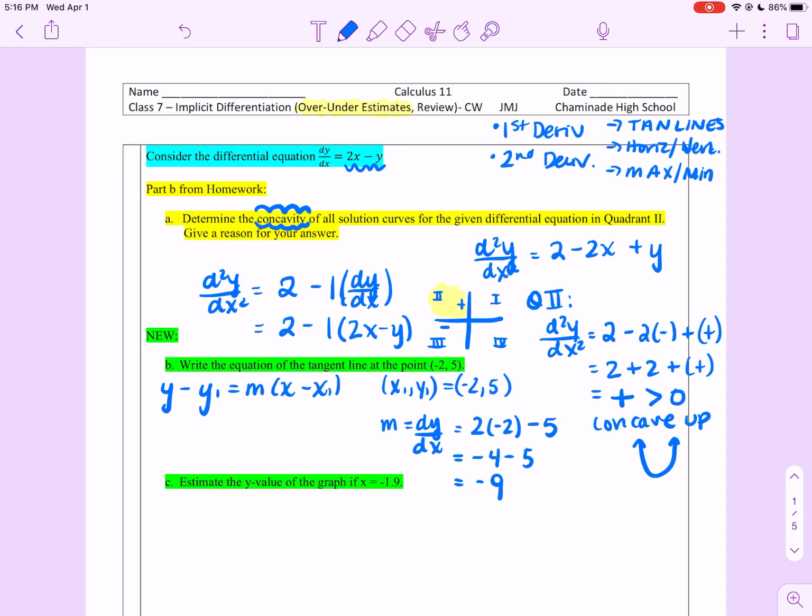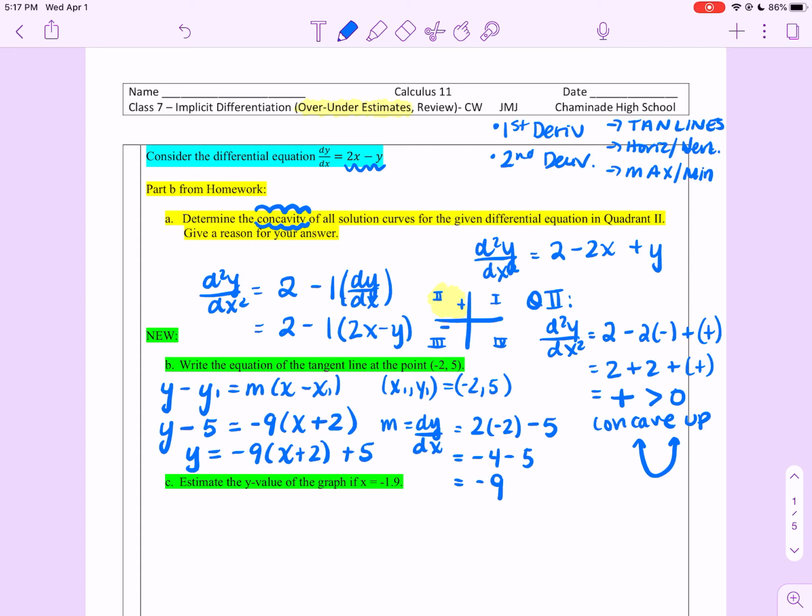If we substitute this information, we're going to write the equation of the tangent line. That is y minus 5 is equal to -9 times (x minus -2), which becomes x plus 2. There is the equation of our tangent line. If you'd like to, you can also solve for y. y will be equal to -9 times (x plus 2) plus 5.